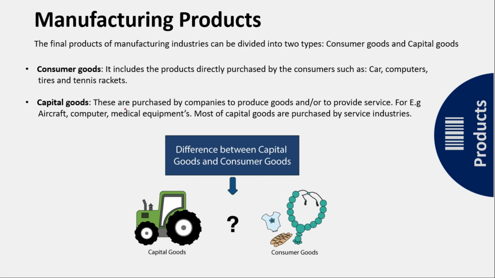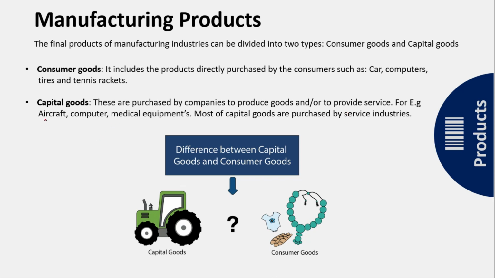Whereas capital goods are purchased by companies to produce goods or to provide services. So such products that are formed in the secondary industry, which are purchased by another industry to produce another good or to provide service to the consumer, are termed capital goods. For example, aircraft.